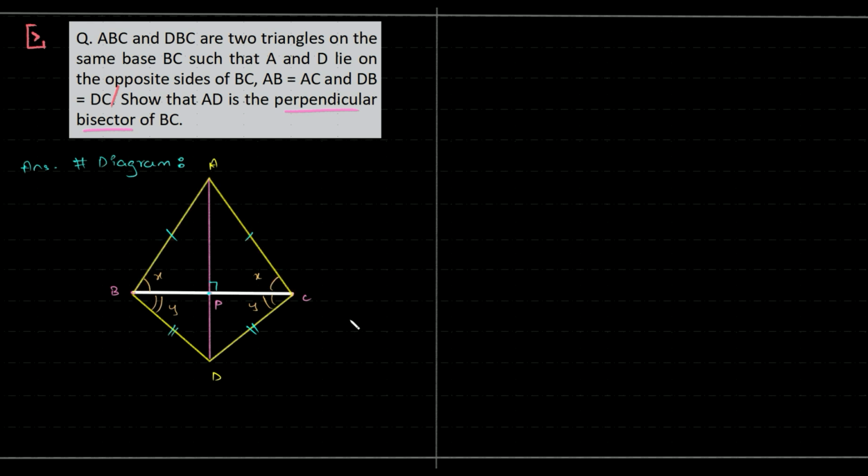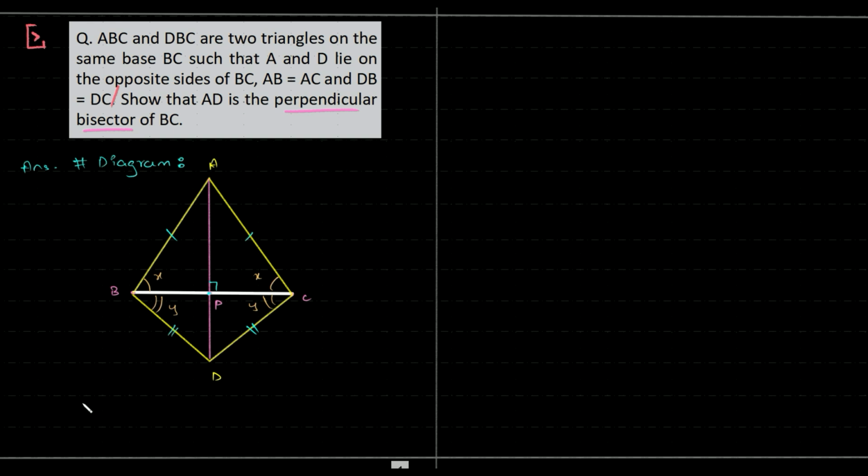So how can I make use of this? Well, this is to do with something called a kite. If you guys know about a kite, you will be done. A kite is a quadrilateral which has two pairs of adjacent sides equal, and the diagonals will bisect each other. So that is one of the ways of doing it, using a kite.